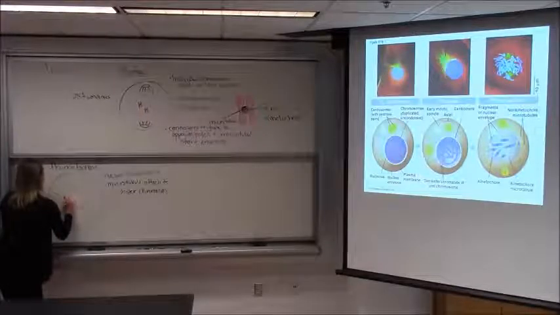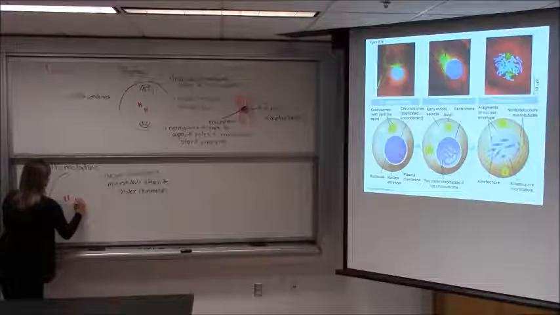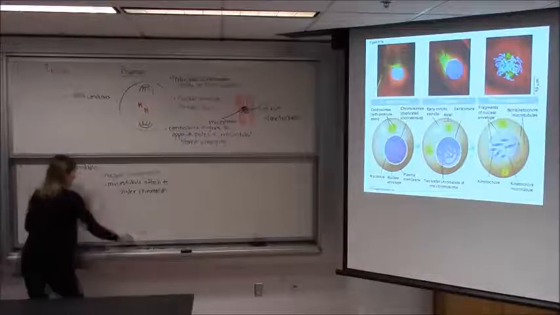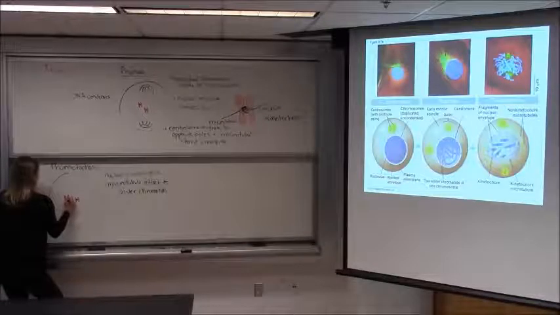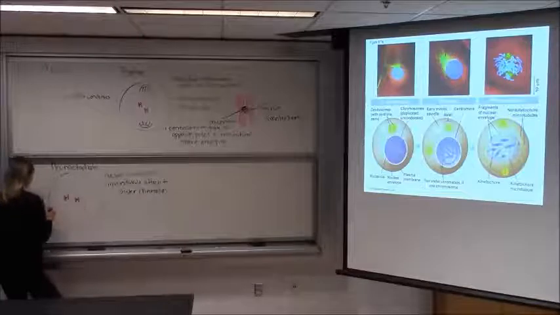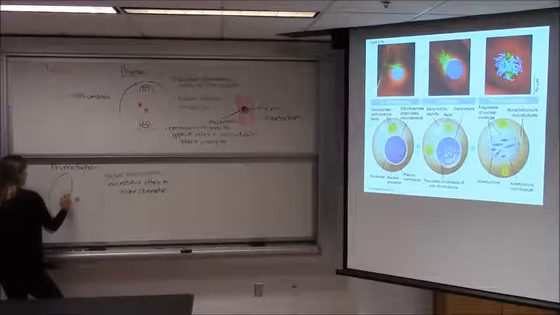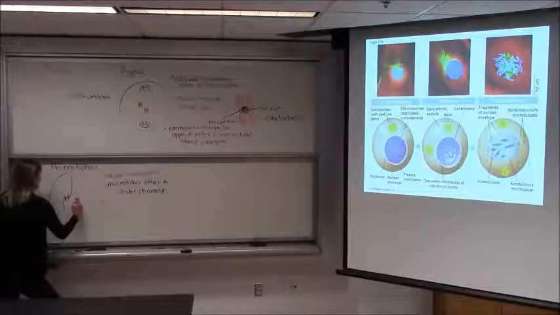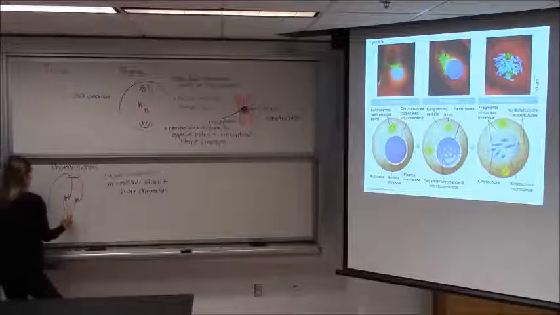So let's draw our pair of chromosomes again. Cohesin proteins holding them together. These ring structures called kinetochores, and that's where the microtubules are going to attach. They're going to attach in such a manner that each sister chromatid is attached to an opposite pole. This is purposeful.